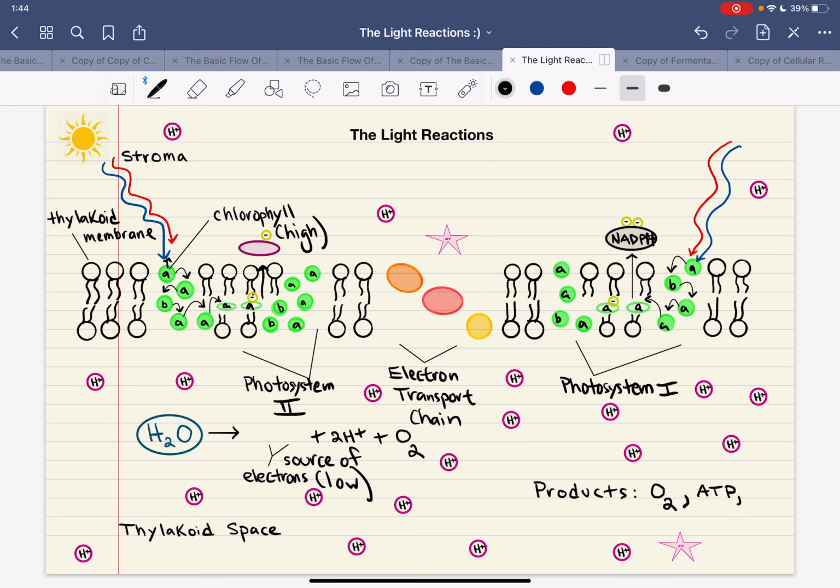And lastly, we produced NADPH. So in summary, those are the products. Our reactant was water, so that's what we came in with. Second question, broad question, where is this occurring? This is occurring inside an organelle called the chloroplast.